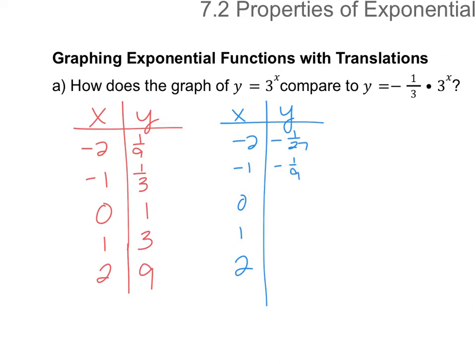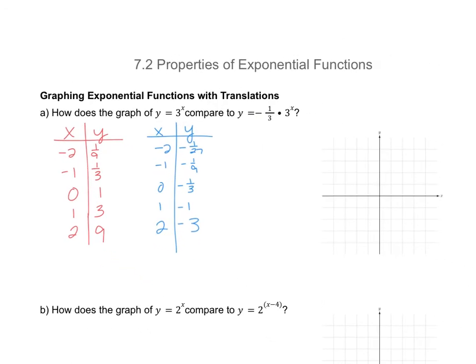Okay, 3 to the 0 power is 1. 1 times -1/3 is -1/3. 3 to the first is 3. 3 times -1/3 gives you -1. And last but not least, 3 to the second power would give you 9 times -1/3 would be -3.